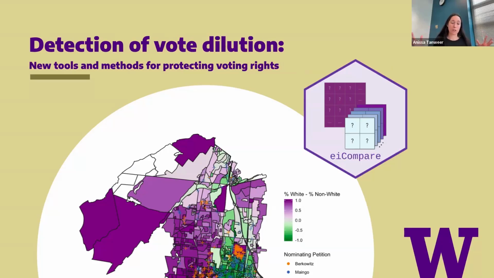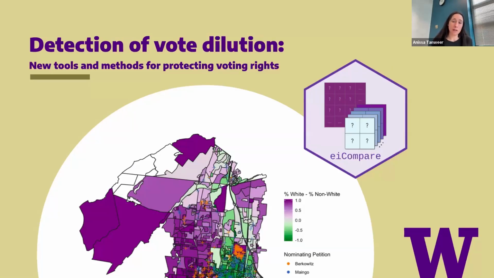So there can be a very long-term, big and unwieldy project where we're inserting ourselves into just a small slice of it. And then in contrast, we sometimes take on projects at a much later stage of work, more in the refinement phase. An example of that is detection of vote dilution.